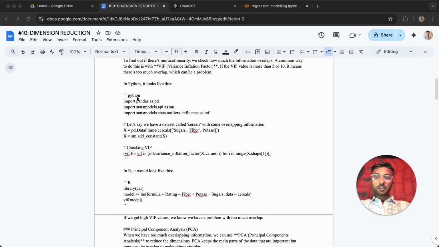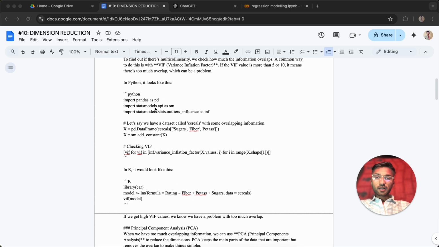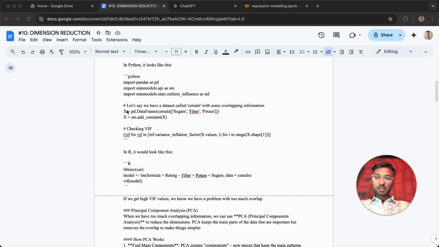So this is the Python code for identifying multicollinearity. These are the necessary libraries. Let's say we have a data set which is named credit, with some overlapping information.